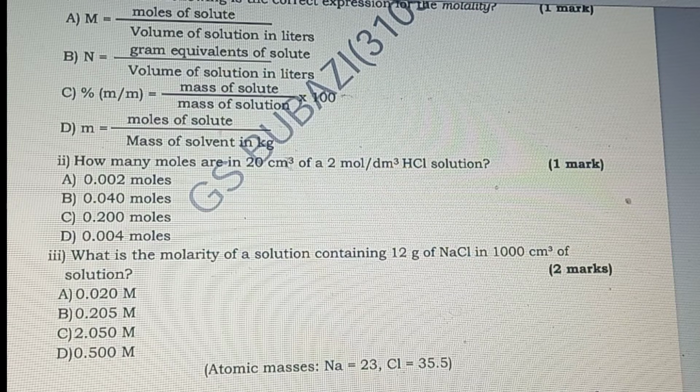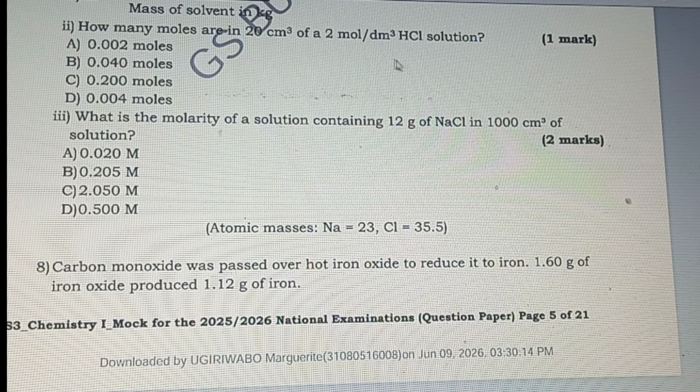It comes from this: this is the volume, this is the concentration. The number of moles is equal to the concentration times volume. But in the concentration, you see, we have the volume in decimeter cubed, but this volume is in centimeter cubed. You can change this unit to be the same. This centimeter cubed, you can change into decimeter cubed.